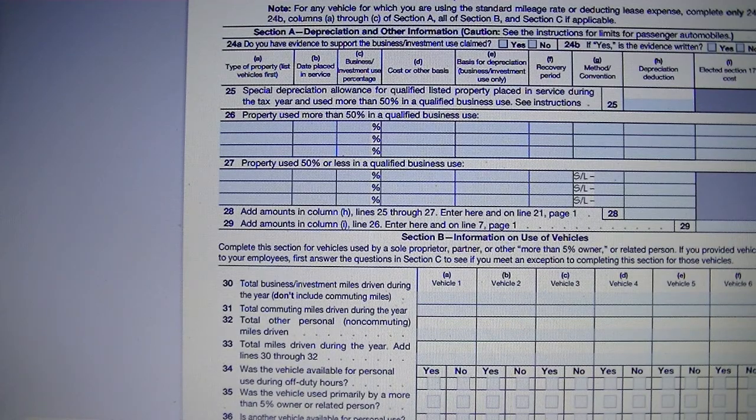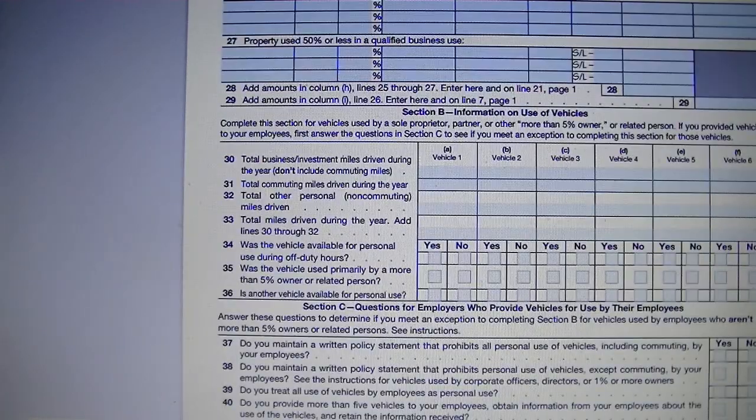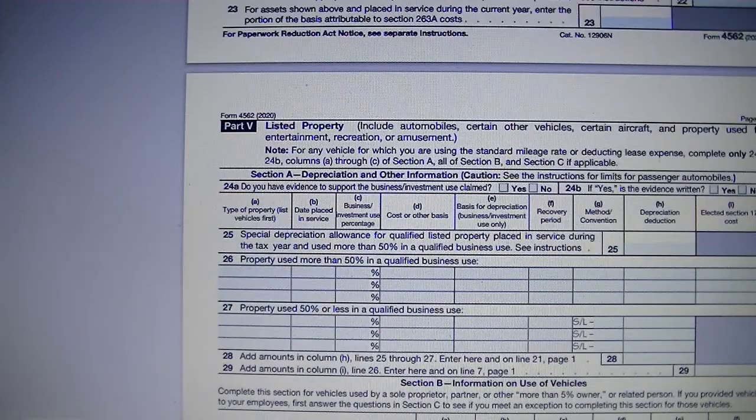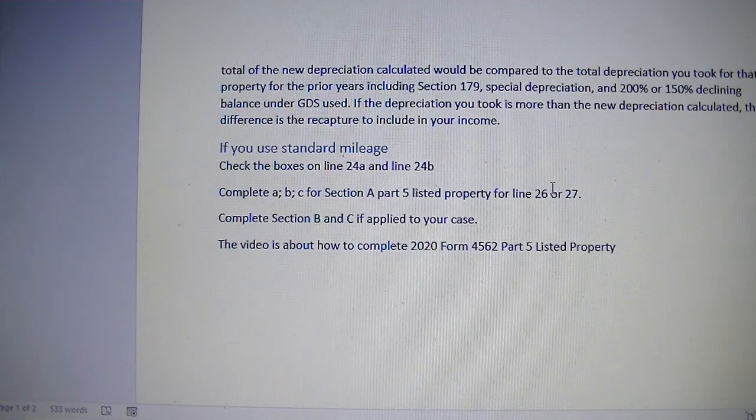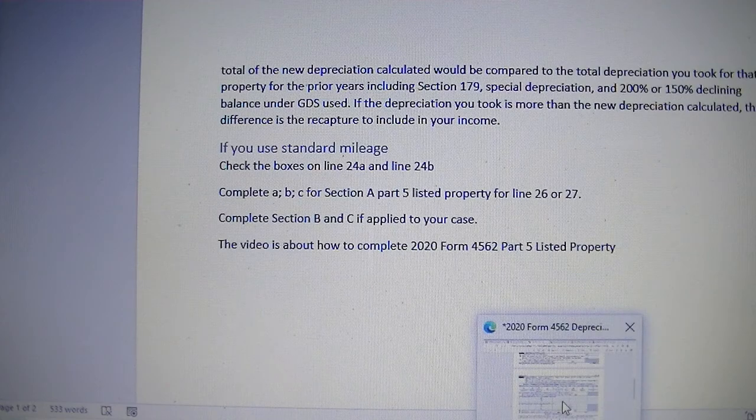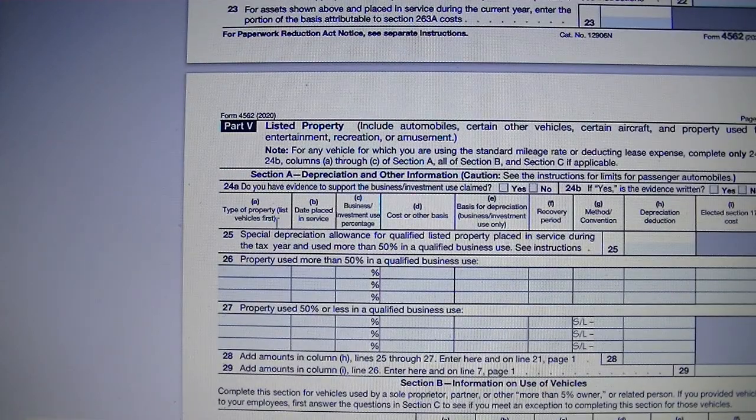So if you are using standard mileage for your car, which is leased property, especially a passenger car, you'll check line 24, 24A and 24B of part 5, leased property.